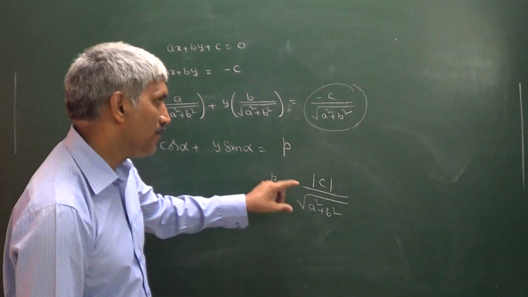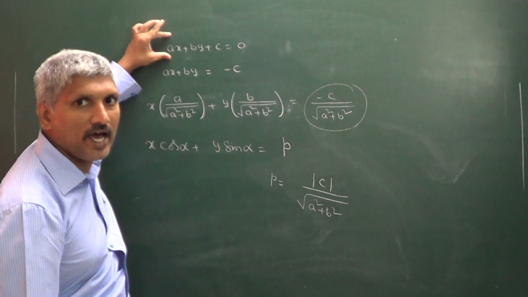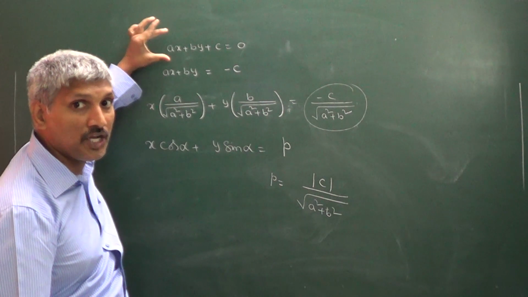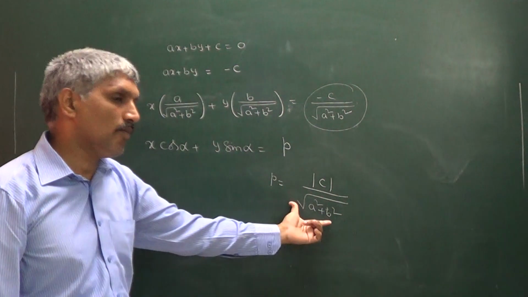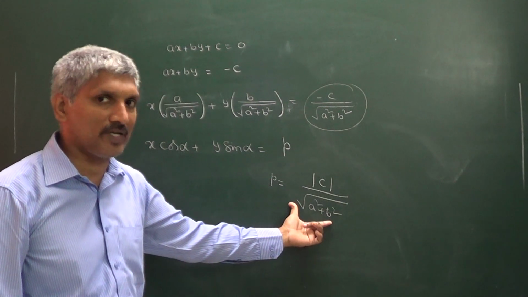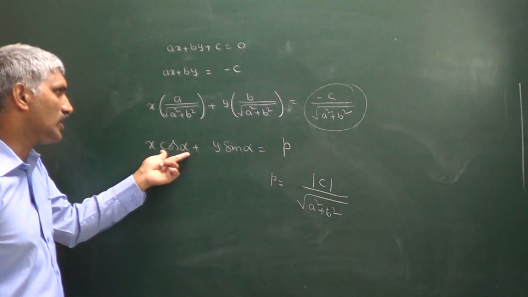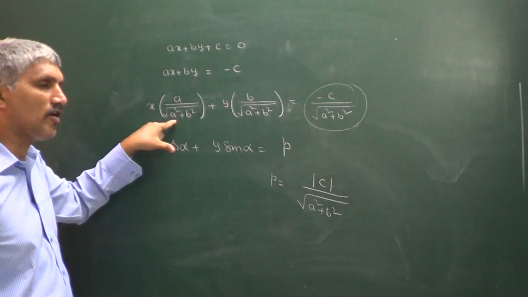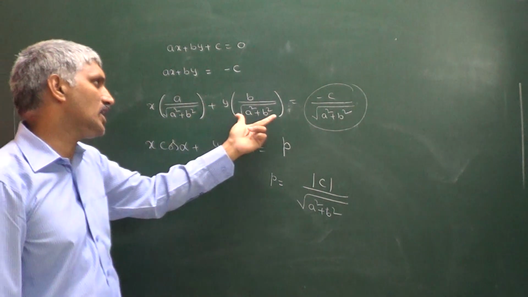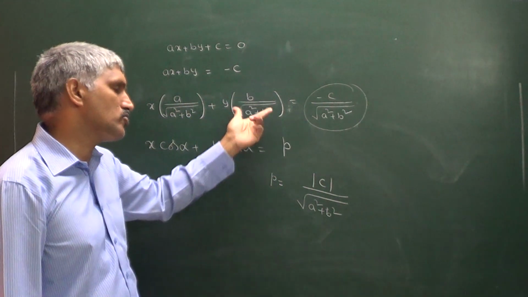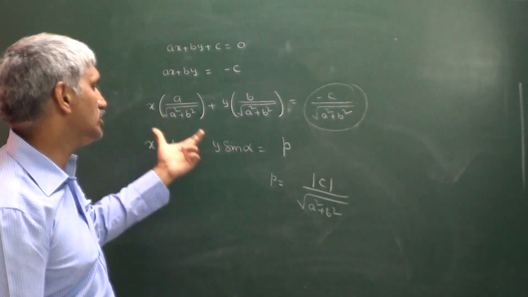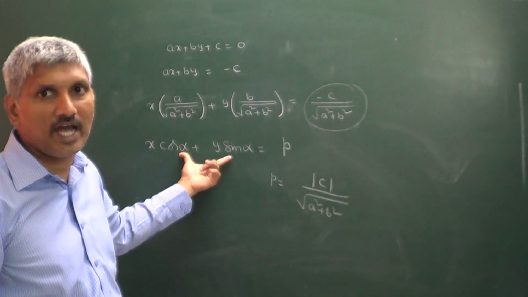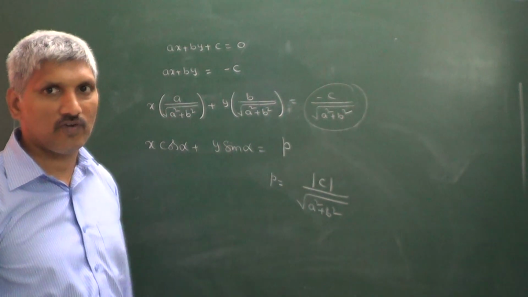So from origin onto this line, the perpendicular distance is given by mod c by root over a square plus b square. So I am taking cos alpha is equal to a by root of a square plus b square, sin alpha is equal to b by root of a square plus b square. That's why if the line equation is given, this is the way of converting that line equation into normal form.